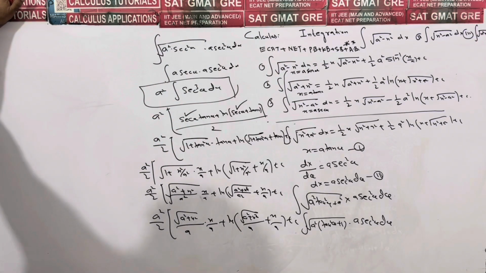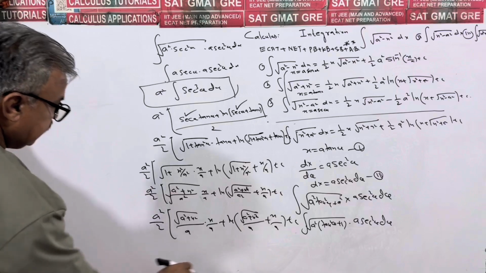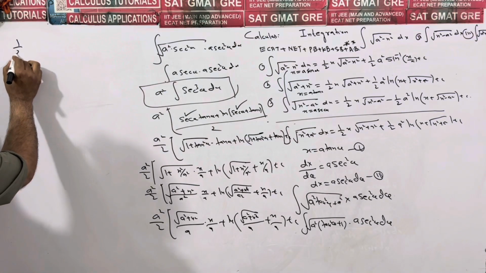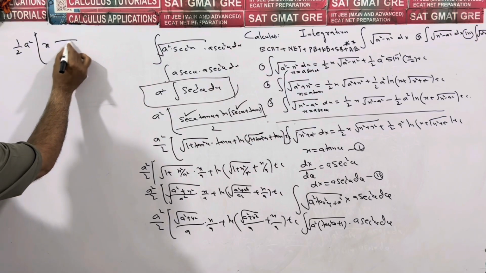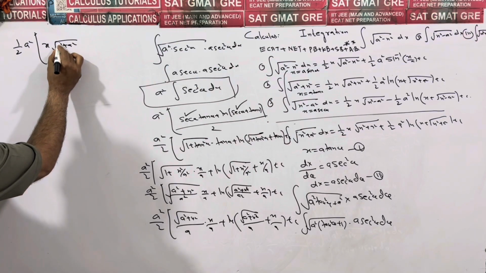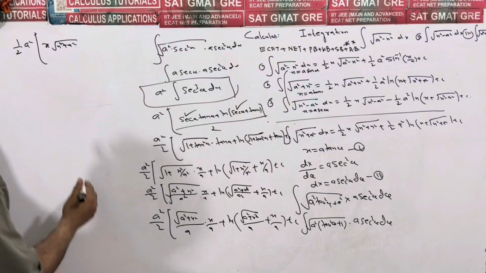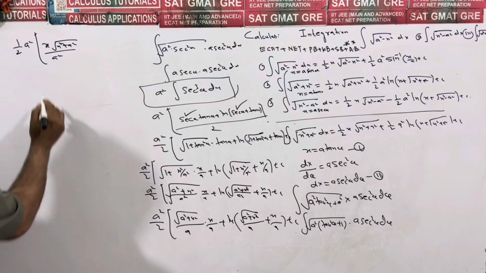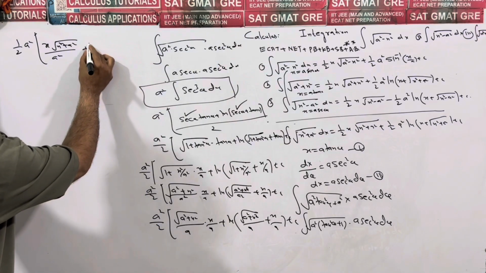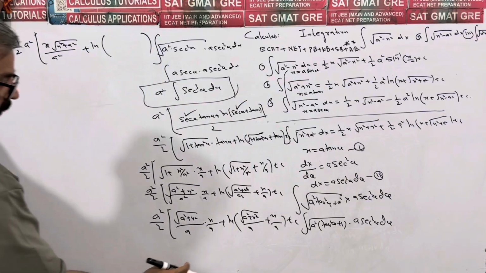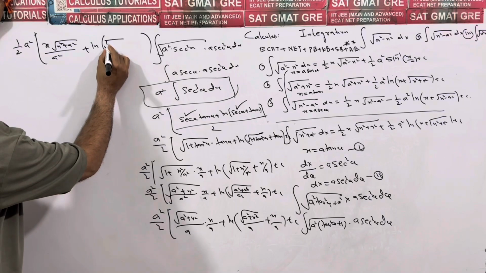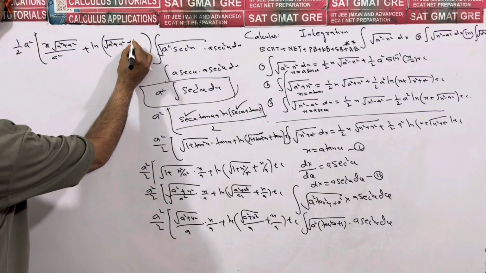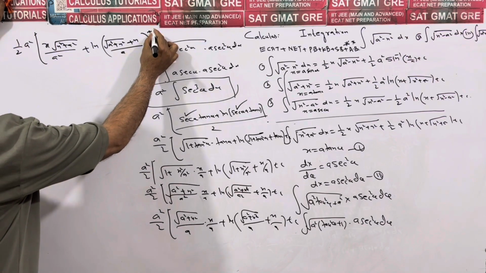Let me write some crucial steps here. It will become 1 over 2 a square, x over a times root of x square plus a square, I am writing x first, then root of x square plus a square over a square. Plus, taking LCM, the denominator is homogeneous, write one time, no transition in the numerator: root of a square plus x square plus x over a, plus c.